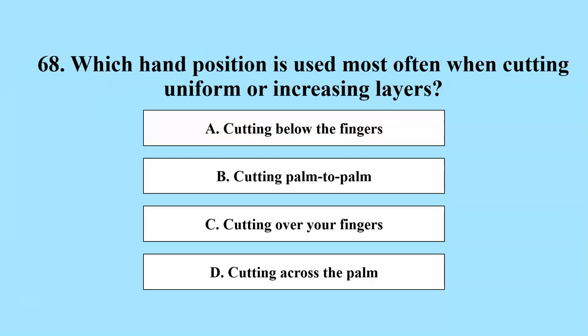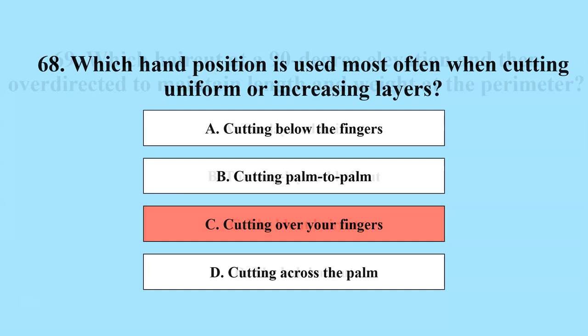Which hand position is used most often when cutting uniform or increasing layers? Cutting below the fingers, cutting palm to palm, cutting over your fingers, cutting across the palm. If you chose C, cutting over your fingers, you are correct.